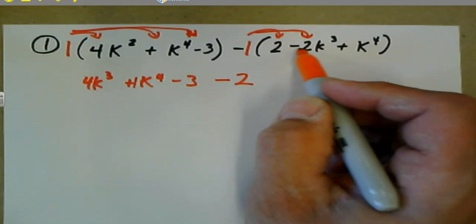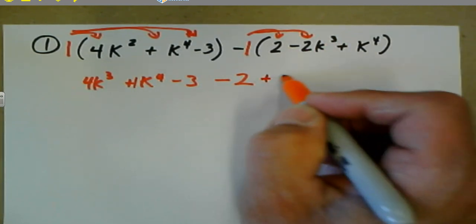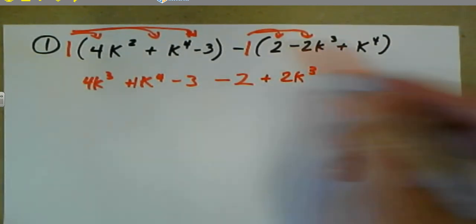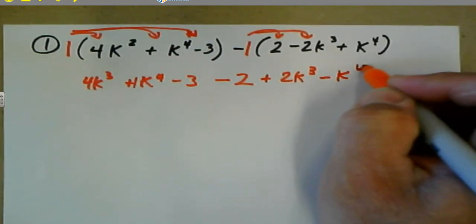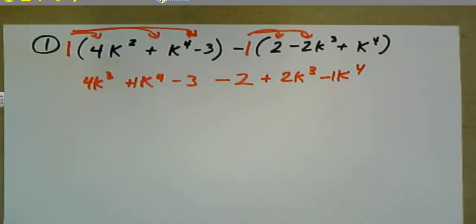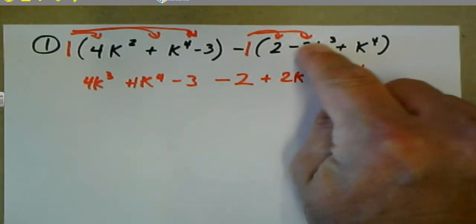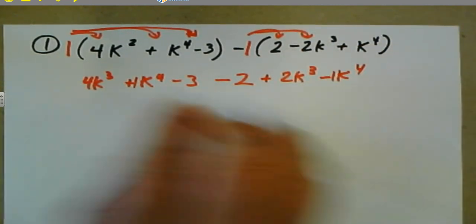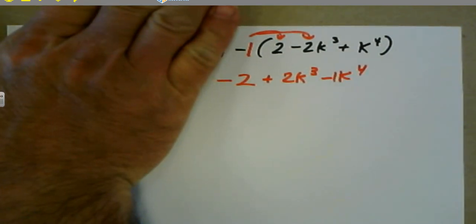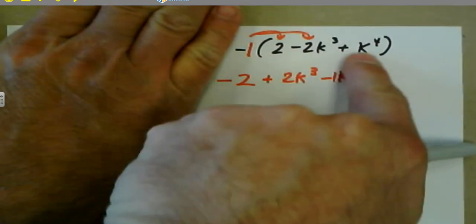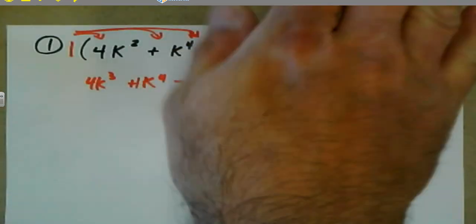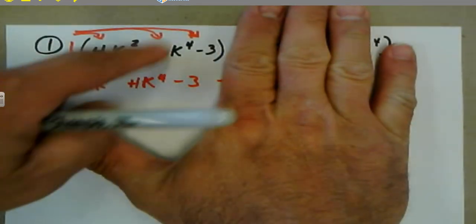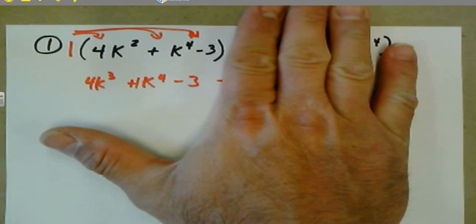Negative 1 times negative 2k to the third is positive 2k to the third. All I'm doing is just changing it. Change this one to negative. You can put the 1 in front. 2 became negative 2. Negative 2 became 2. 1 became negative 1. That's just on that part. Does everybody see that? All of those changed because of that negative. On this part, none of them changed because we have 1.